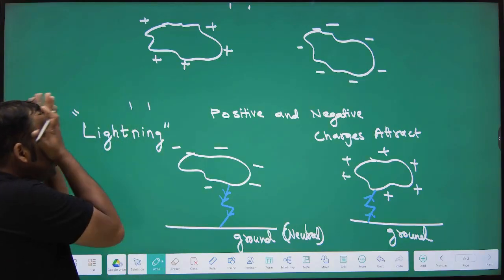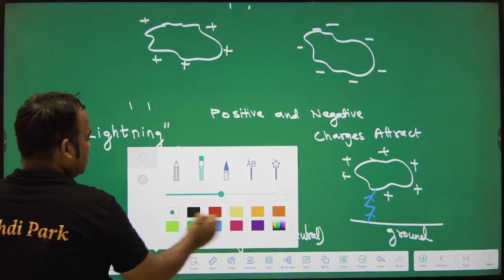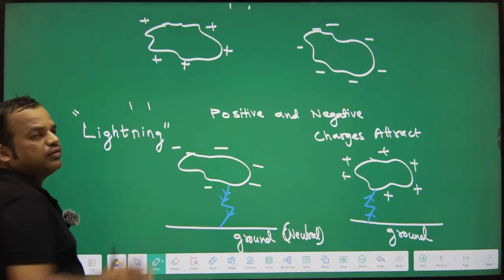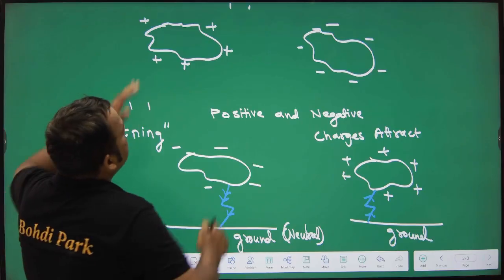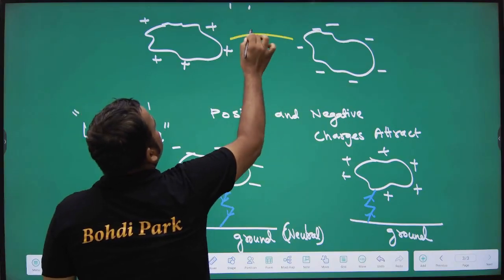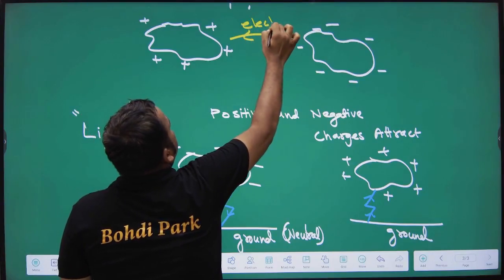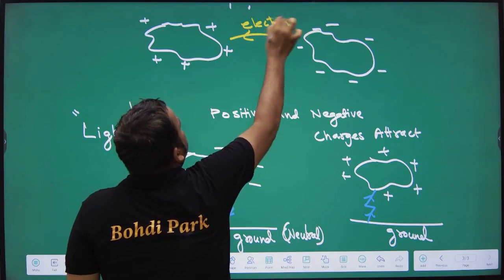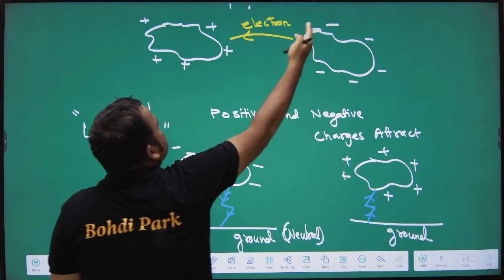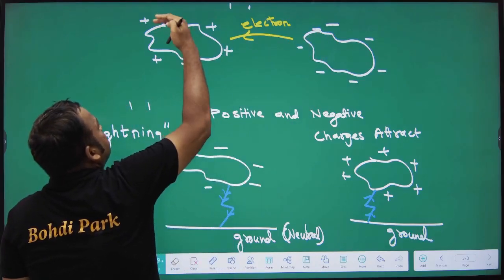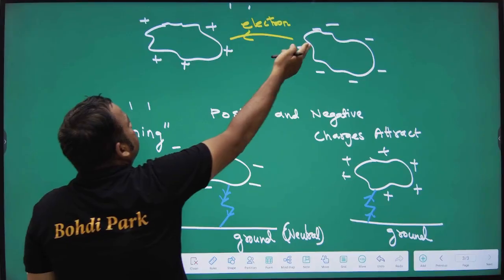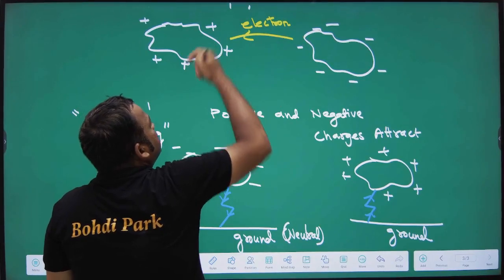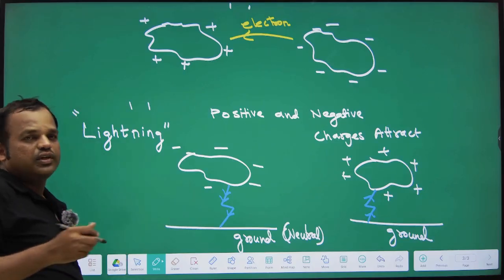So basically, it is just a transfer of electrons from one charged body to another charged body. A negatively charged body has an excess of electrons, a positively charged body has a deficiency of electrons, so the electrons will be transferred from one body to another.